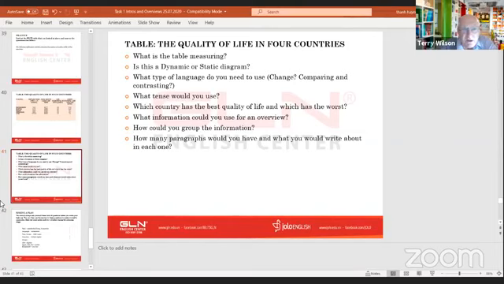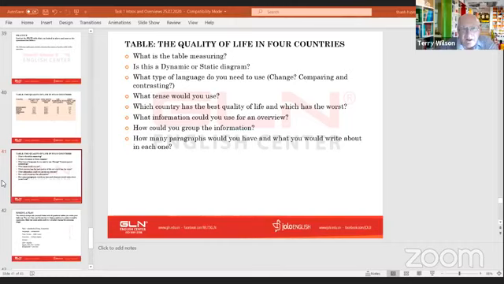Well, it's measuring numbers. Is it dynamic or static? Well, in this case, it's static because it only shows 1 year. What type of language do you need to use? Is it change, comparing and contrasting? What tense would you use?